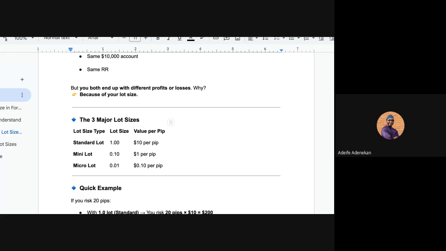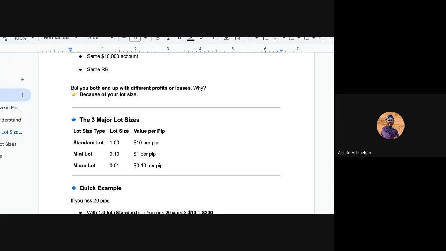We have three major types of lot sizes: the standard lot, the mini lot, and the micro lot. The standard lot starts from 1.0, and for 1.0 the value per pip is $10 per pip movement. Listen very carefully, I'm going to take every bit of my time to explain it properly.